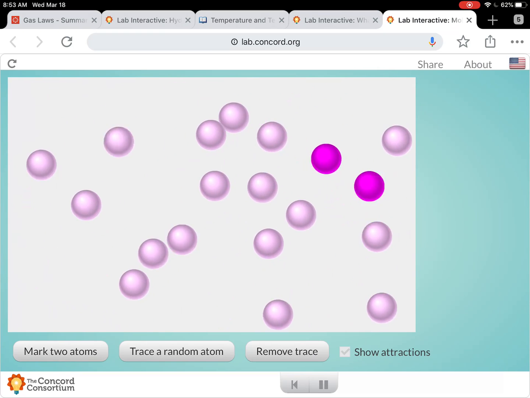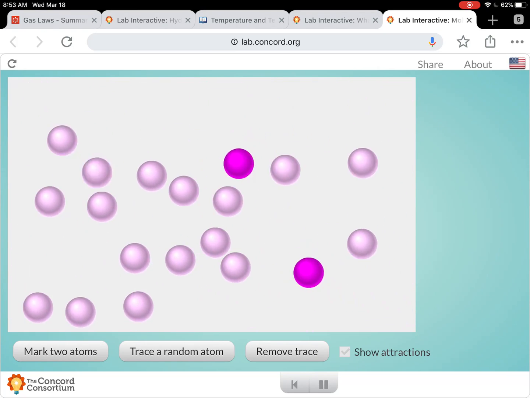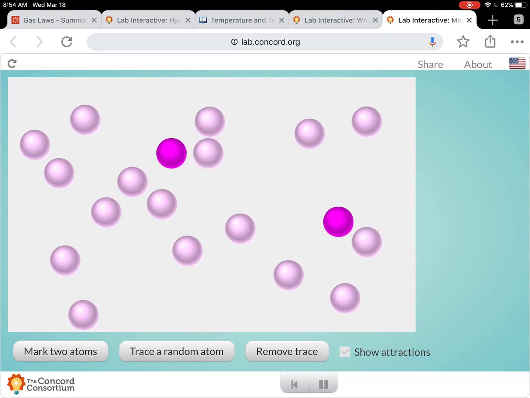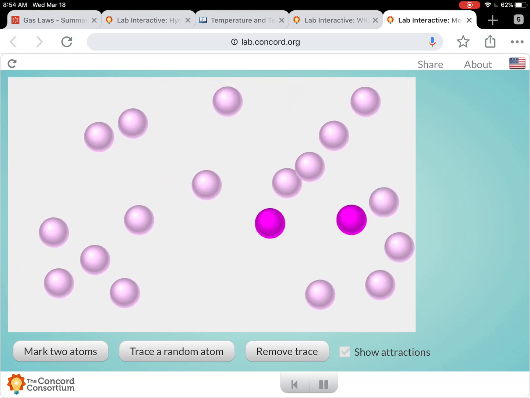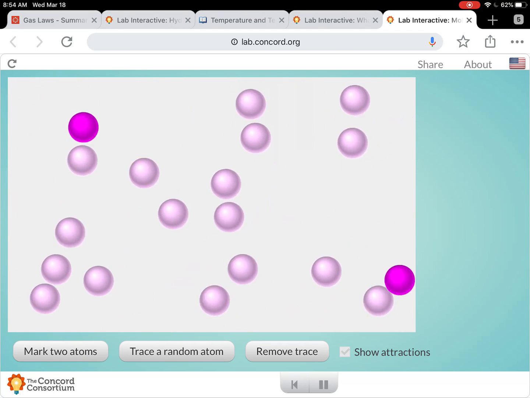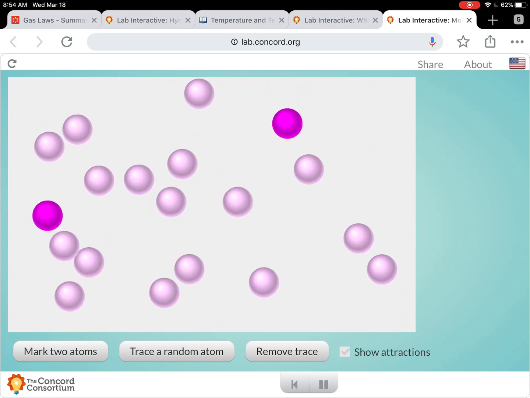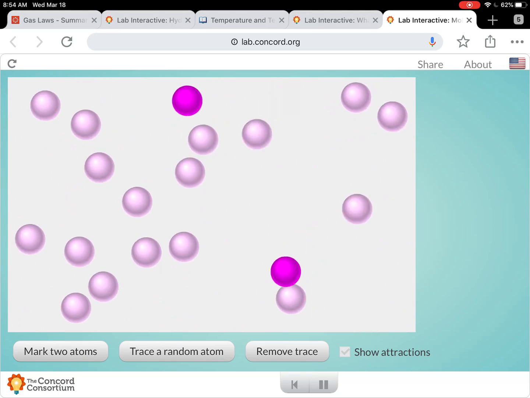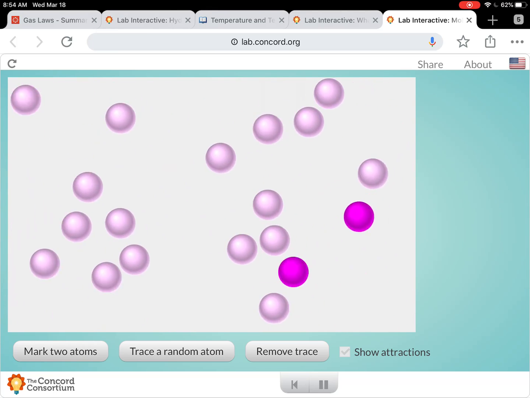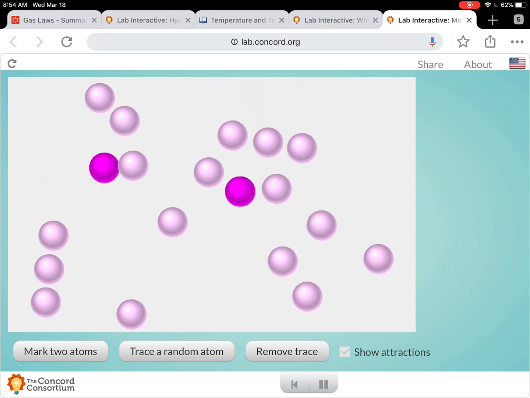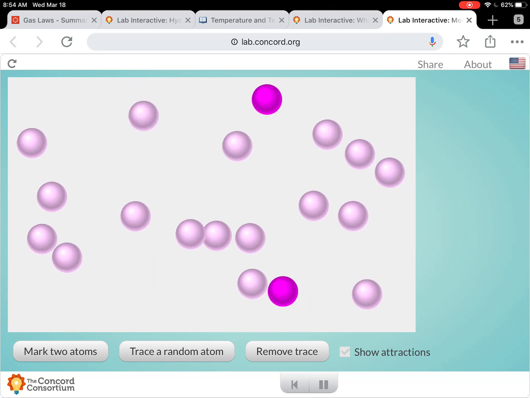All right, so gas particles are very, very tiny. We're going to treat them like hard little spheres. And remember, this is an imaginary molecule. In order for all of our formulas to work, they're going to have zero individual volume.